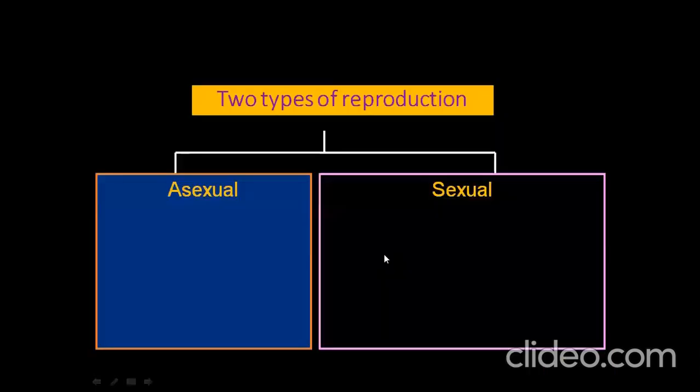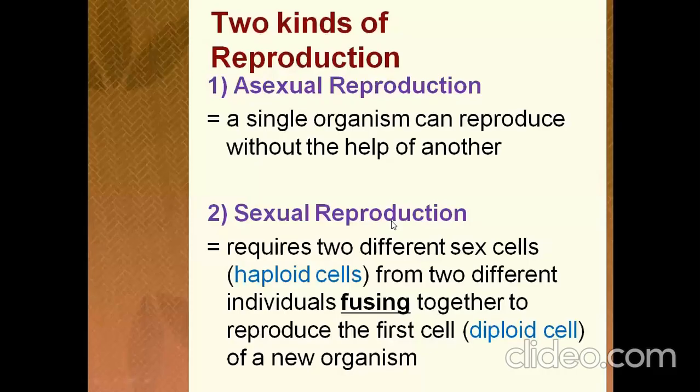If we study a plant's flower, some flowers contain both male and female parts. So in that case, we will consider only one individual, because in the same plant, in the same flower, male and female reproductive parts are present.